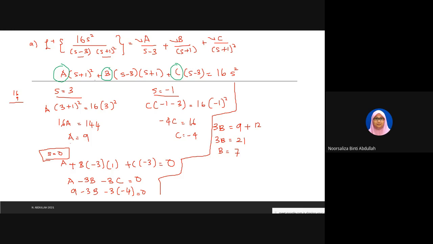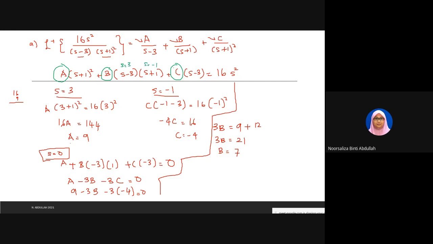Okay, so you tengok dekat sini, kalau you nak dapatkan A, you have to make sure B dengan C kosong. So how to make B and C 0 is, you look at this dekat dalam ni, S minus 3, S plus 1, S minus 3. Okay, so for B to be 0, S can be equal to 3 or S equals minus 1.